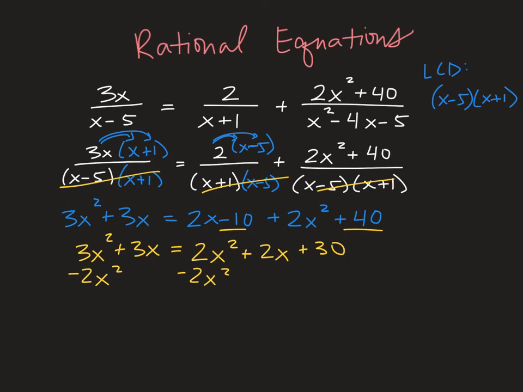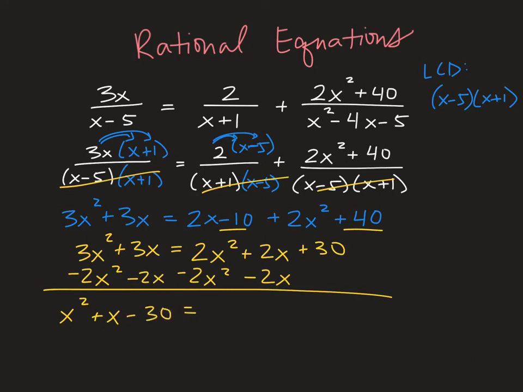Then I'm going to subtract 2x from both sides, and then I'm also going to subtract 30. So we're left with 1x squared, and we're also left with 1x, and then I needed to subtract the 30, so minus 30 equals 0. When you have a quadratic as a final answer, you do need to get it equal to 0 because we are going to have to either factor it, most likely factor it, in order to solve.